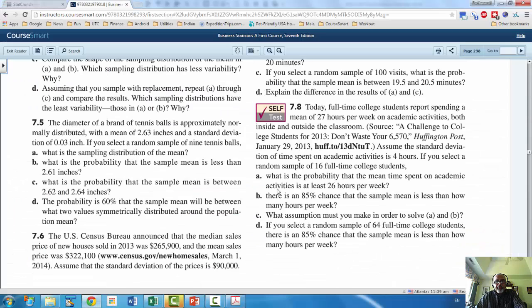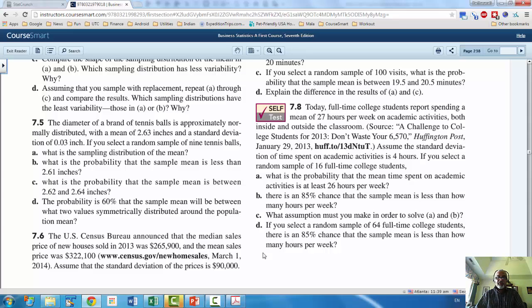Now, B is there is an 85% chance that the sample mean is less than how many hours. So here we are going backwards. We are given the probability and we want the x bar value for that probability. So we want the 85% chance that the sample mean is less than a particular value.